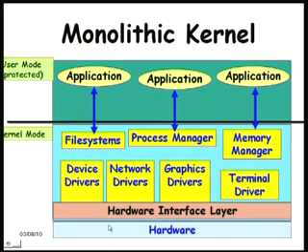We called it the BSP last time, board support package, and these interact with the hardware. And then the applications run in the user mode or user space, but they can make system calls to access the operating system services.